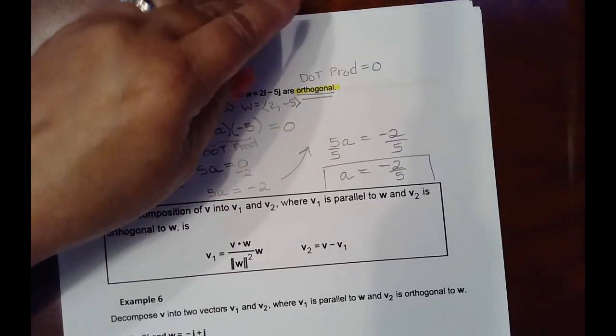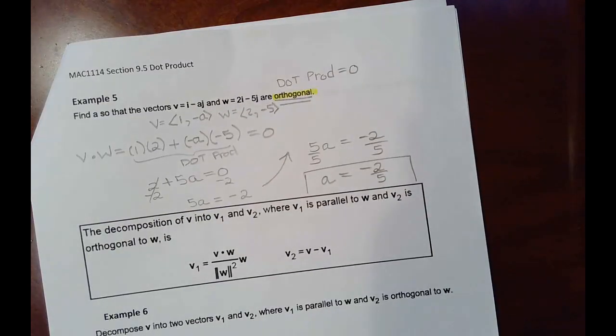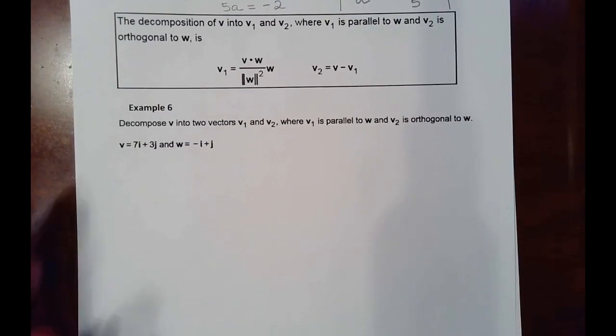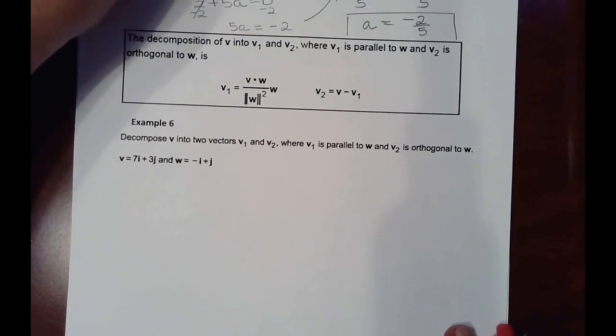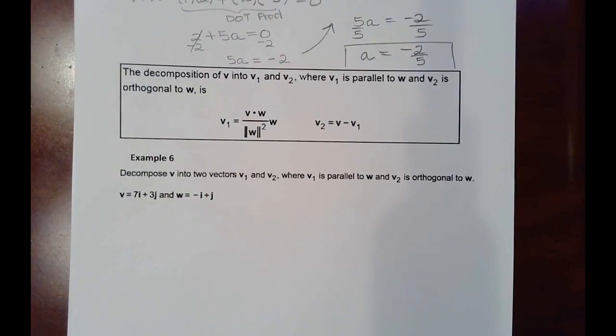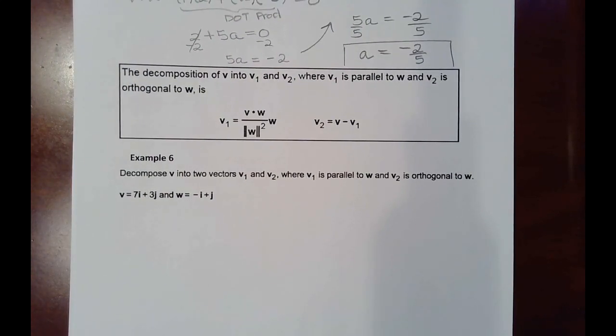Okay, then we come to decomposing vectors, and this is something that's used pretty heavily in physics classes when you're trying to take a vector and decompose it into its parallel and its orthogonal vector.